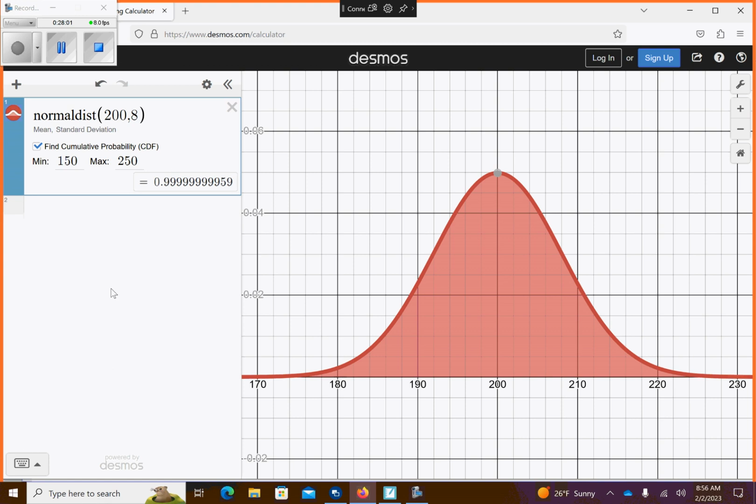So if I were to go walk into a room or go into society, somehow randomly select 25 people, if this is all true, basically the probability, because I'm choosing 25 people, because I'm now going to change my standard deviation to my standard error, means I have a 99.9999% chance that those 25 people I selected are going to score between 150 and 250. Okay, so it changes the parameters quite a bit.